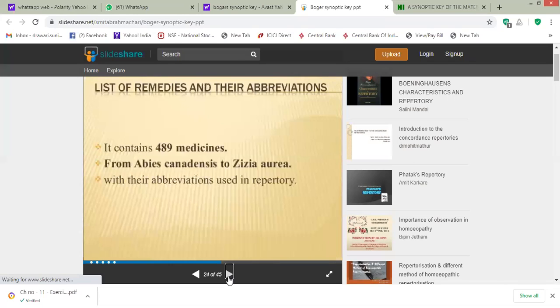So in this way, the different rubrics are given with their indicated medicine. Then the list of remedies and their abbreviations. It contained about 489 medicines, and they are also arranged alphabetically from A to Z.